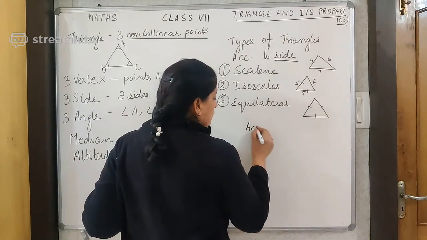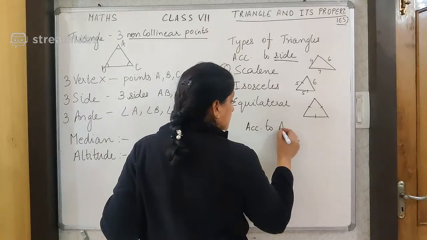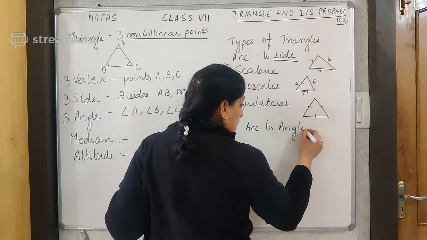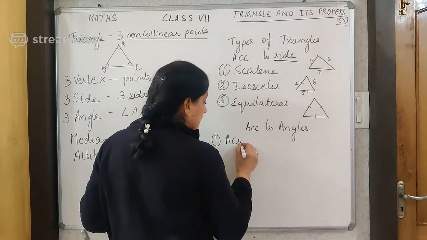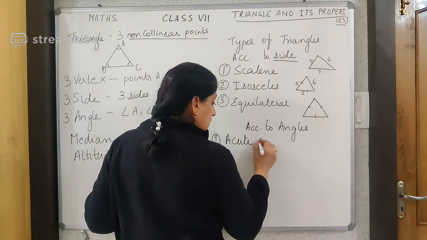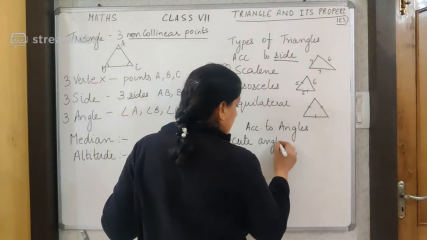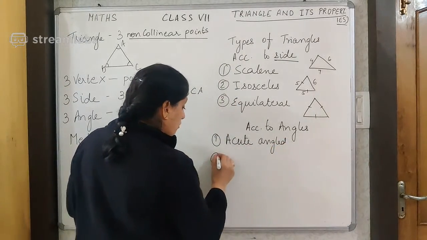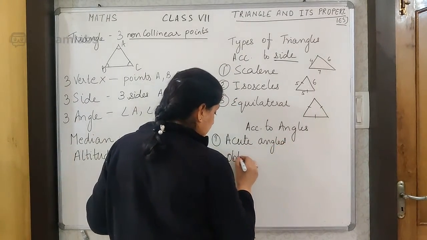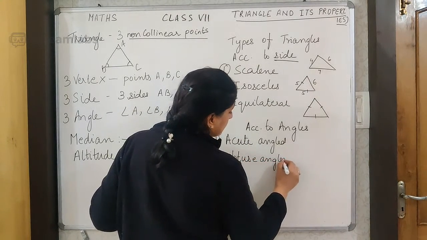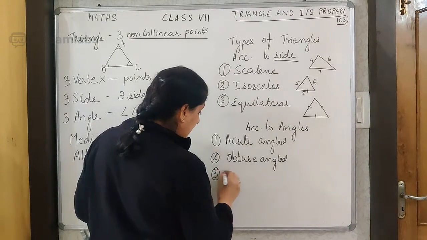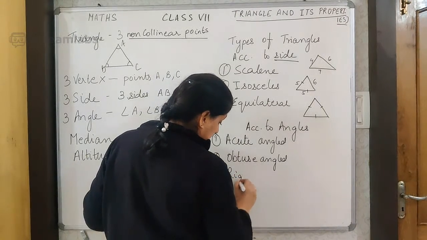Now we will do it according to the angles. According to the angle, I have acute angled triangle, then I have obtuse angled triangle, and I have right angled triangle.